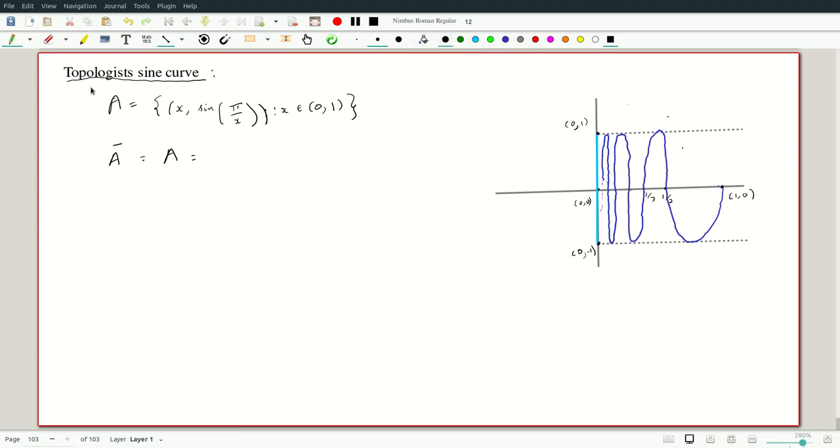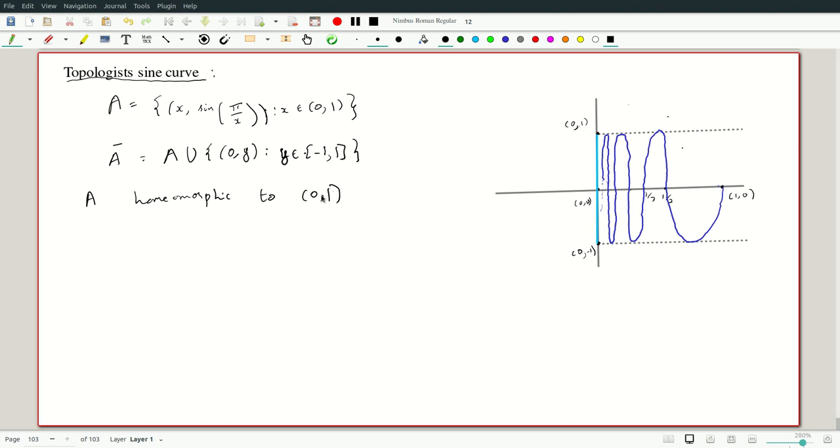So A bar is A union the set of points of the form (0, y), where y is in [-1, 1]. What do we know of these as topological spaces? A is homeomorphic to the open interval (0, 1).